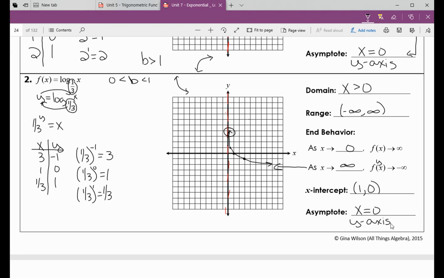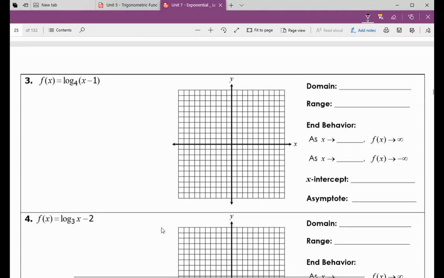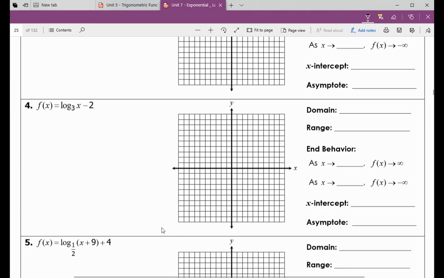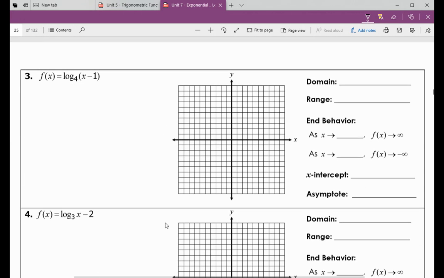Okay, so let's talk about graphing problems that look like 3 and 4 and 5. We'll even do number 6. It's down there somewhere. Okay, so here I have y equals log base 4 of (x minus 1).